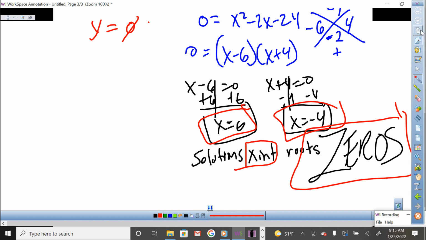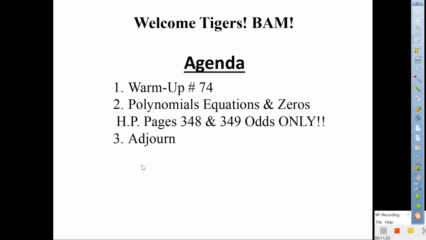All right. So, last night's home play, our agenda for today, warm-up number 74, polynomial equations and zeros. Tonight's home play is pages 348 and 349. Odds only. Last night was evens. But tonight I want also the graphs included.